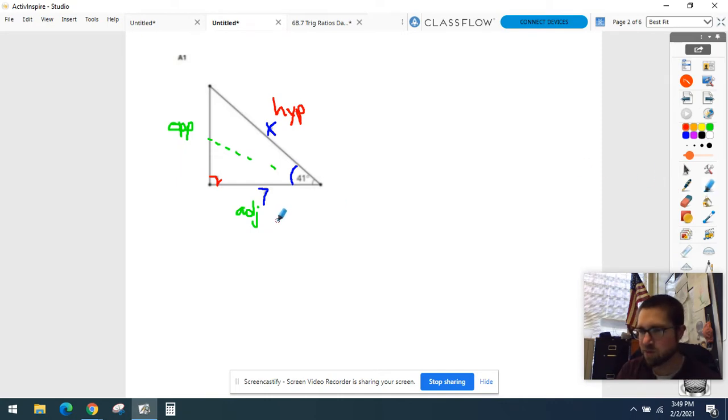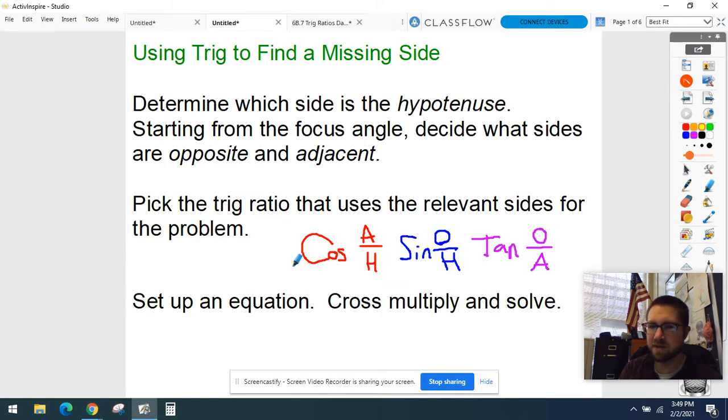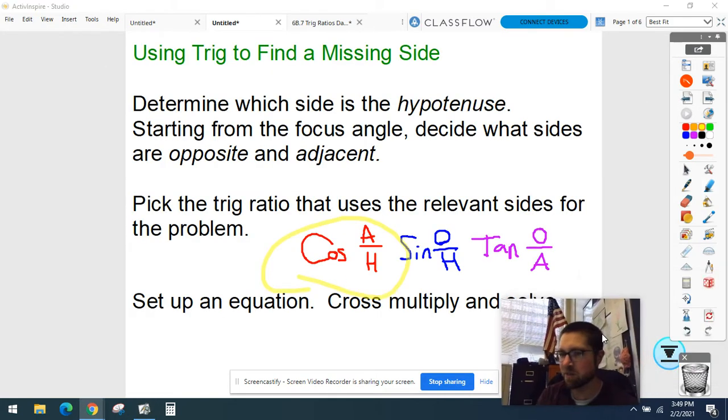Now, as far as what's relevant for the problem, I think that would be the 7 and the x. Those are the two important sides, the thing I know and the thing that I want to know. And so I'm thinking, which trig ratio uses adjacent and hypotenuse? Oh, it's cosine. Cosine uses adjacent and hypotenuse.